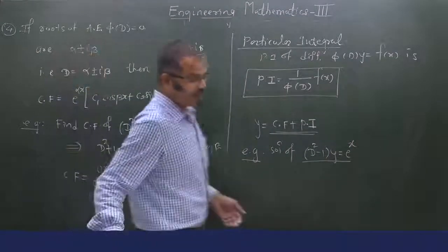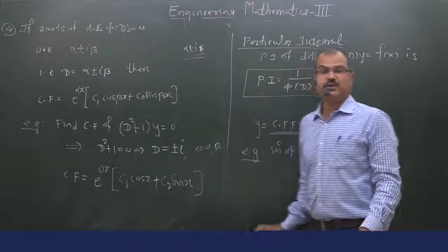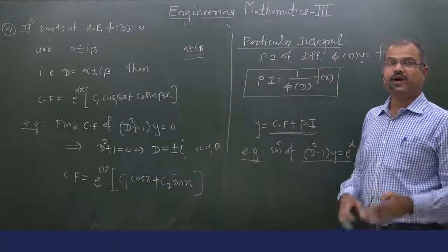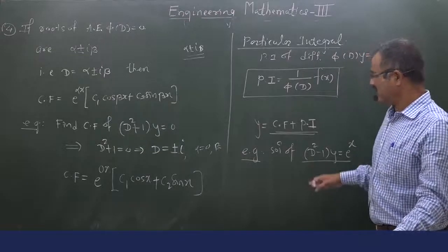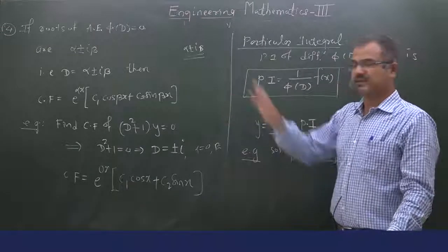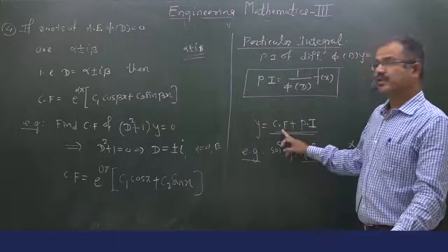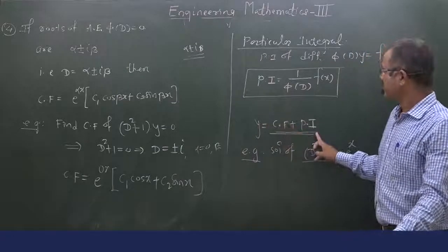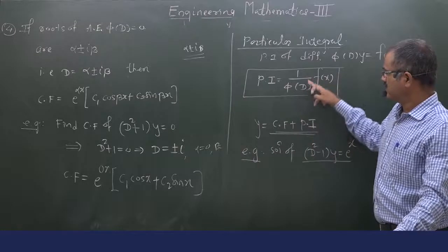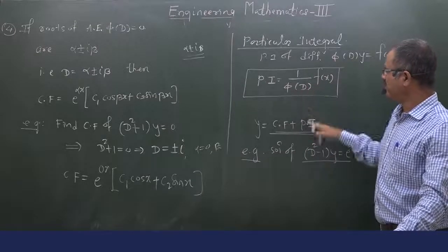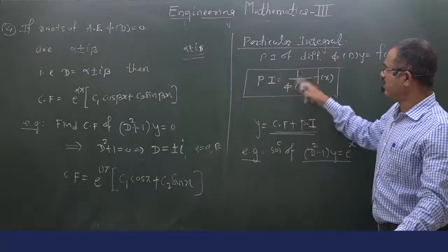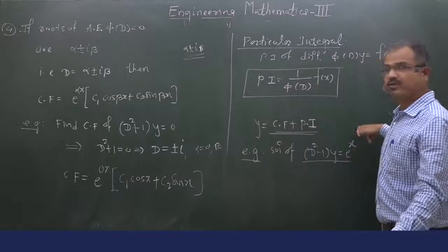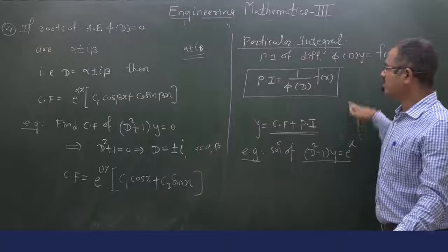First of all, write the auxiliary equation D square minus 1 equal to 0, then find its roots. Its roots are D is equal to plus minus 1. Write the complementary function, which is the first part. In the second part, find the particular integral 1 upon phi of D. Phi of D is equal to D square minus 1. So the particular integral is 1 upon D square minus 1 into e raised to x.